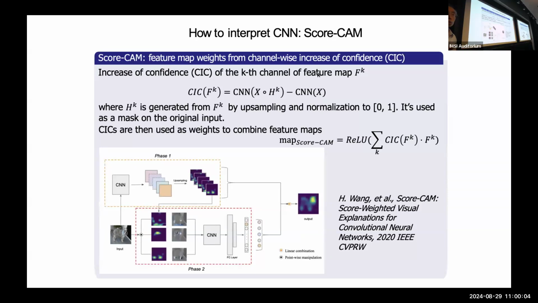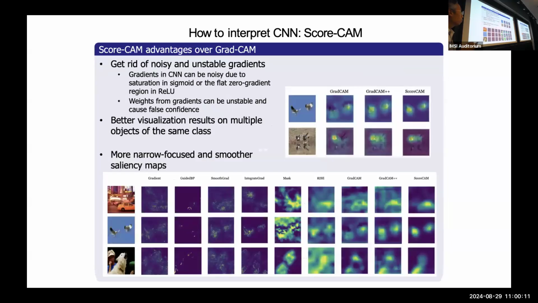We also use Score-CAM to replace the gradient, to get rid of the impact of the gradient, which is sensitive to noise. If you compare Score-CAM with Grad-CAM++ and many other interpretable approaches, Score-CAM gives a better visualization of the important feature map.